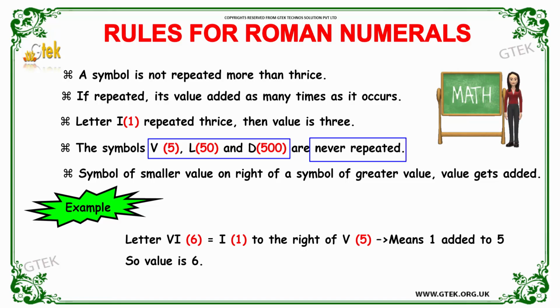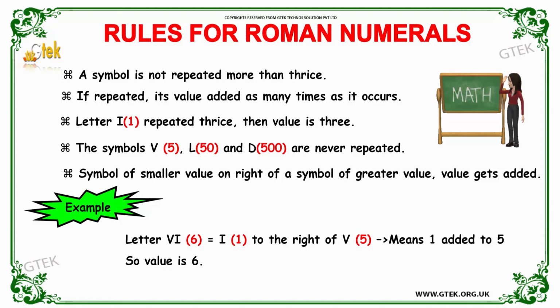If a symbol of smaller value is placed on the right of a symbol of a greater value, then the value gets added. So if you see, we have the symbol of a smaller value, that is 1, which is placed to the right of a greater value, say 5.